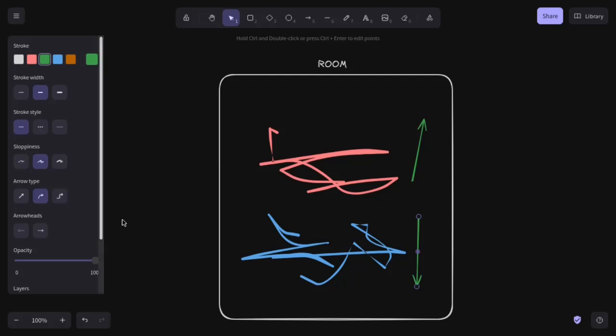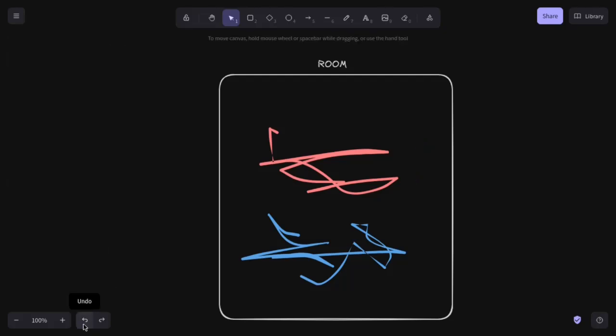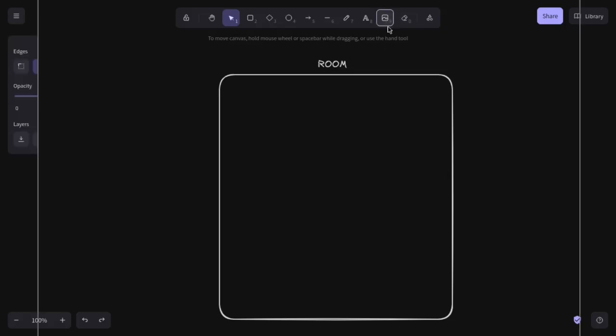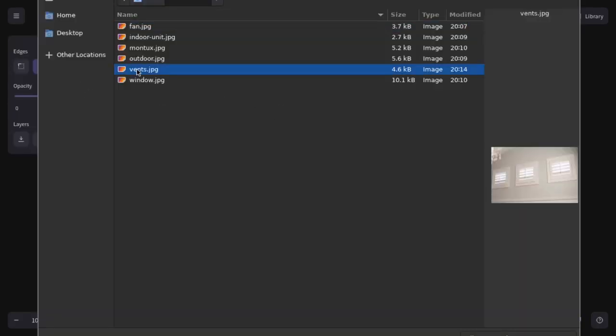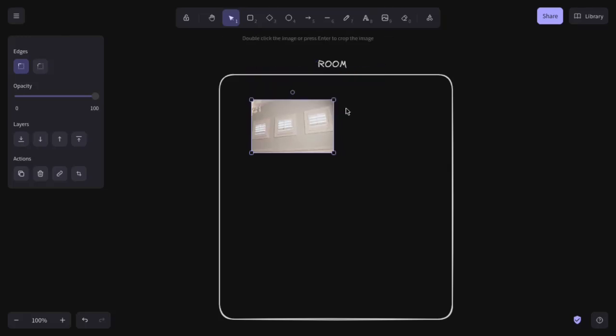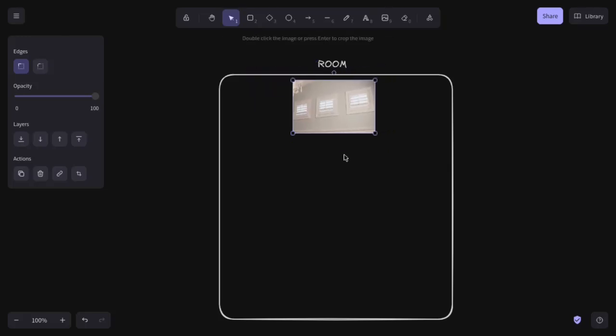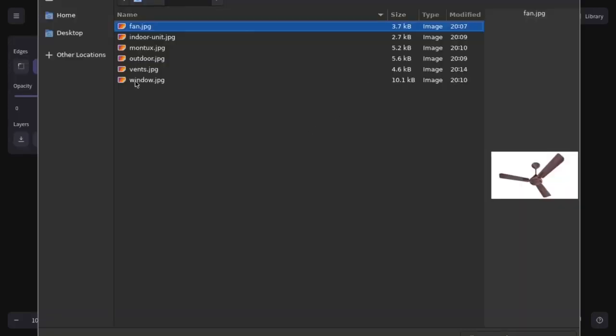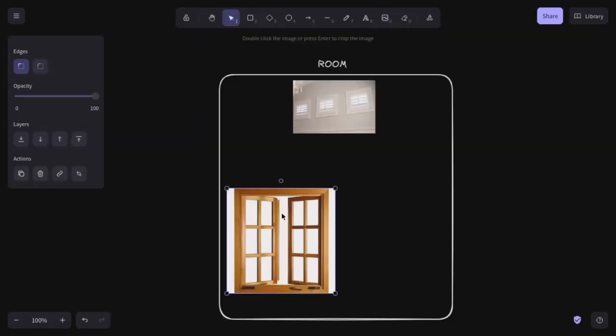And what happens in this case is that, in a room, we have things like this. These are called vents. And we have windows.